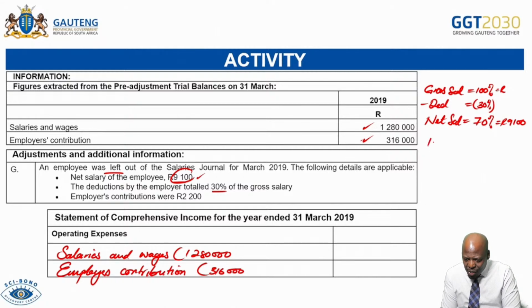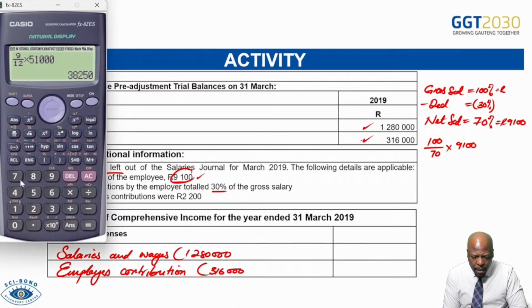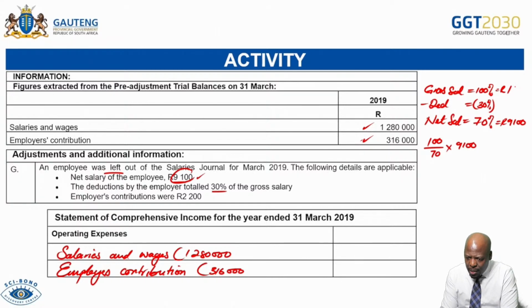To get the gross, we'll say 100 over 70, which is the net, multiplied by 9,100. That is going to give me 13,000. So that means my gross is 13,000.